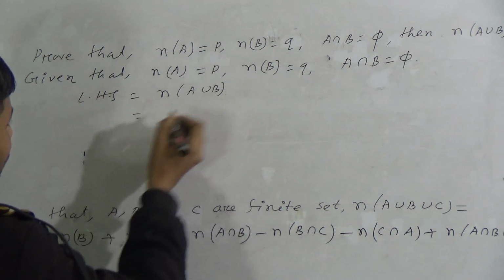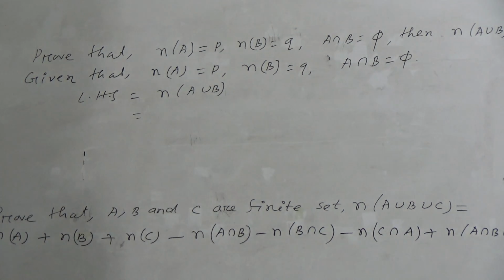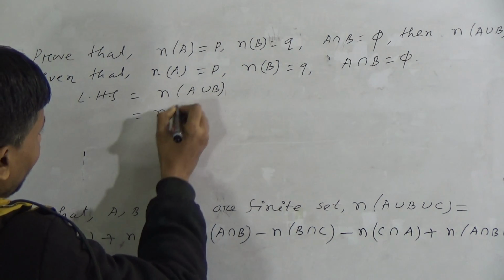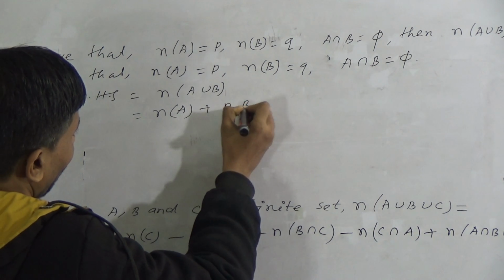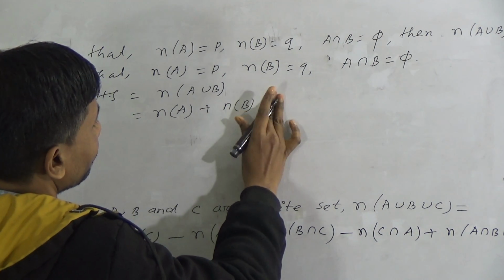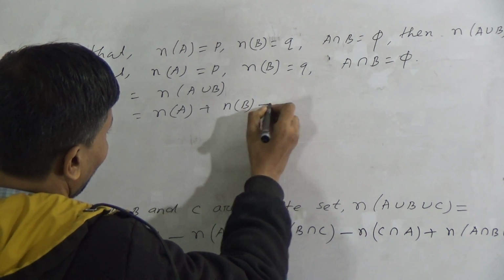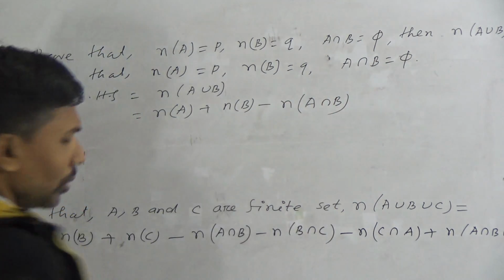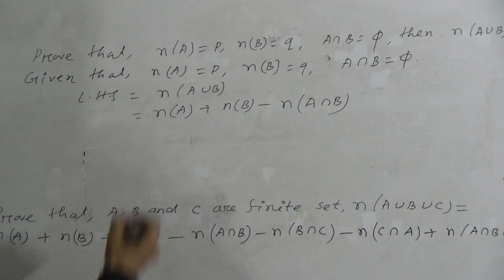Okay student, now we know the formula. Number of A union B equals number of A plus number of B minus number of A intersection B. Now put the values.